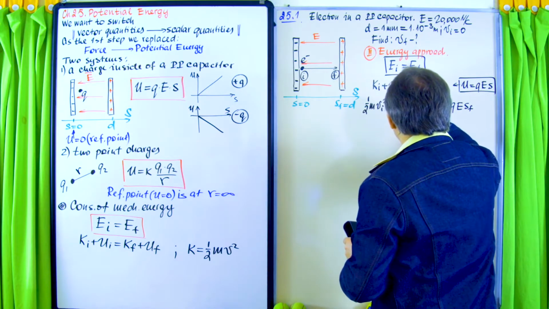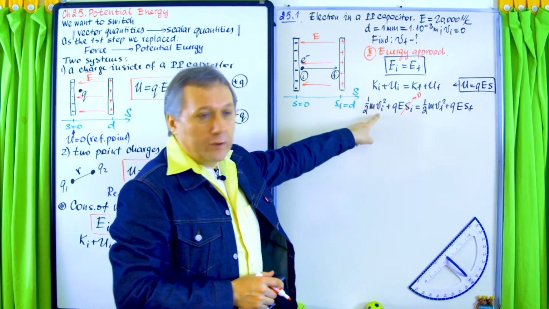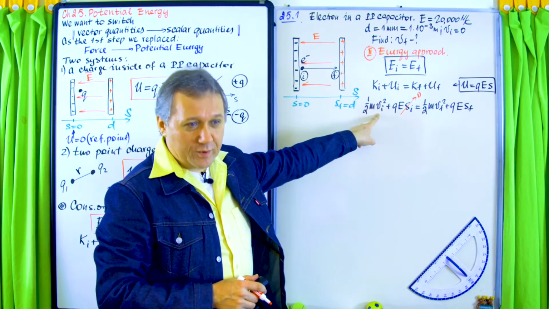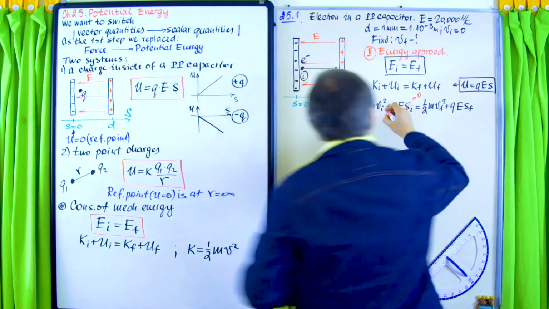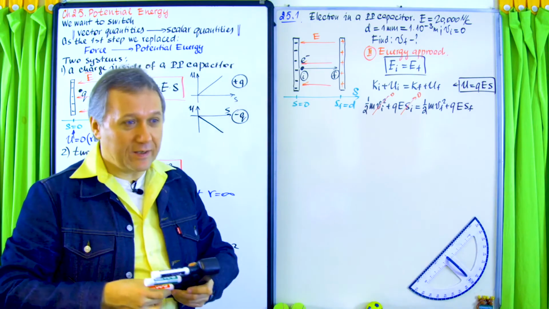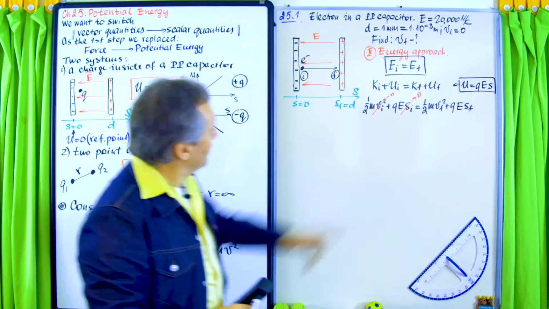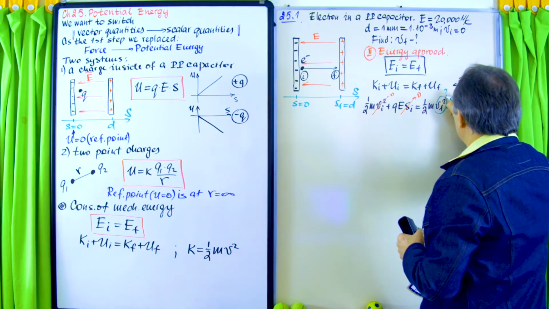Then the initial velocity is also 0, because the object was released. V initial is also 0, so we simplified significantly. And what needs to be found? V final. That's our unknown.